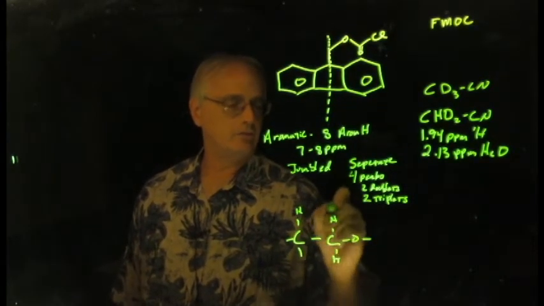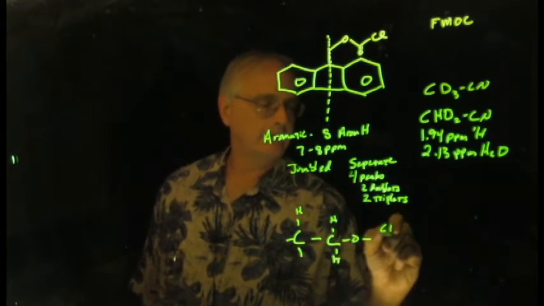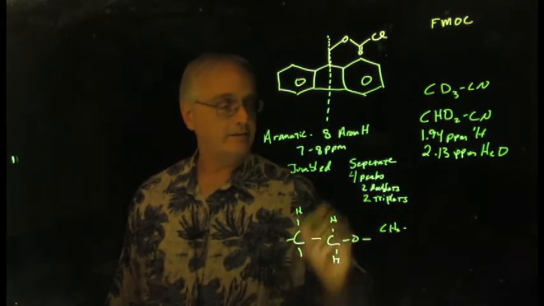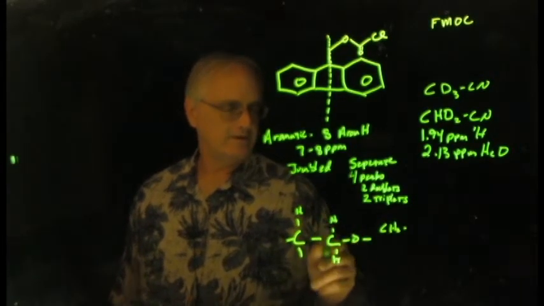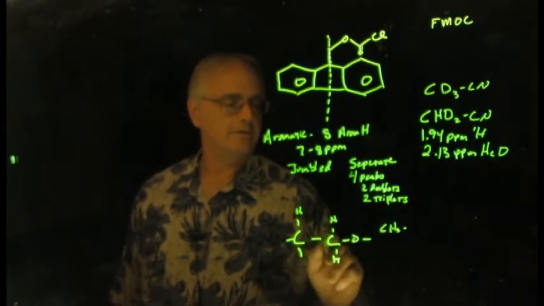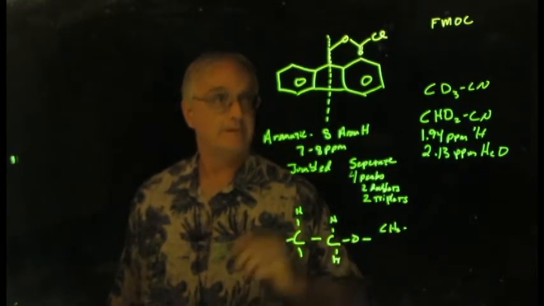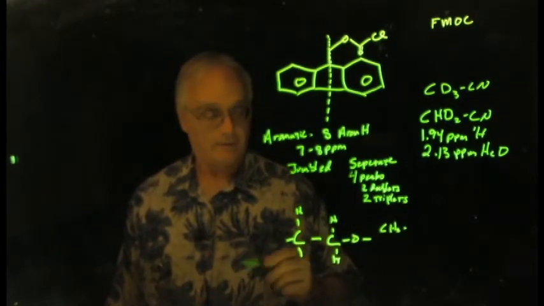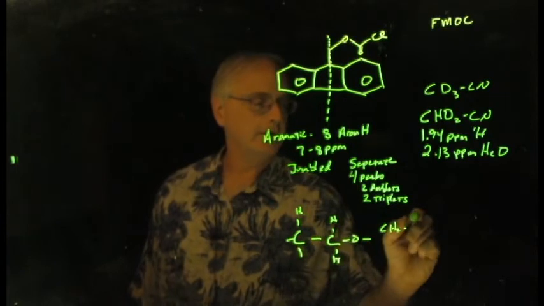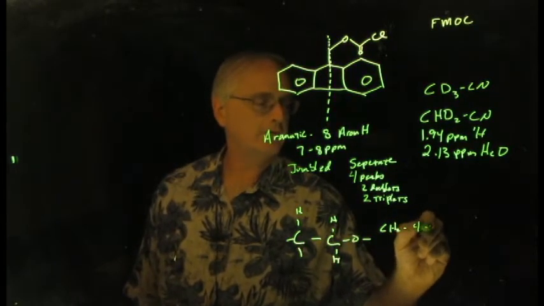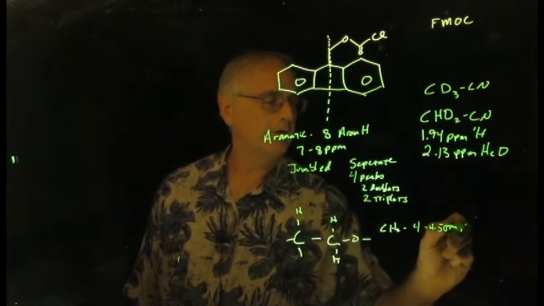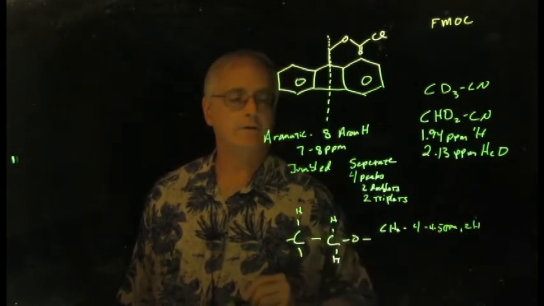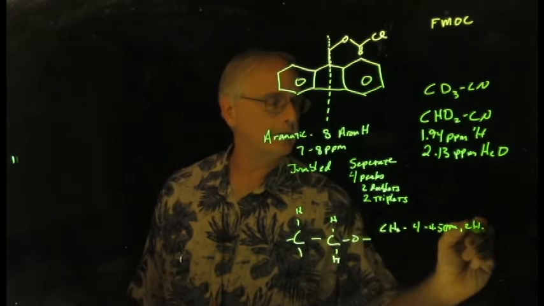Looking at the CH2 group for a moment, chemical shift-wise, I would guess it's going to be somewhere over 4 ppm. This is right next to an oxygen of an ester. This is actually a chloroester, so that may move things up a little bit farther. So 4 to 4.5 ppm or so. With 2 hydrogens, it should integrate to 2, and with one neighbor, it should be a doublet.